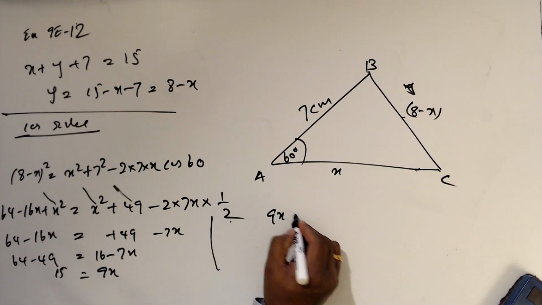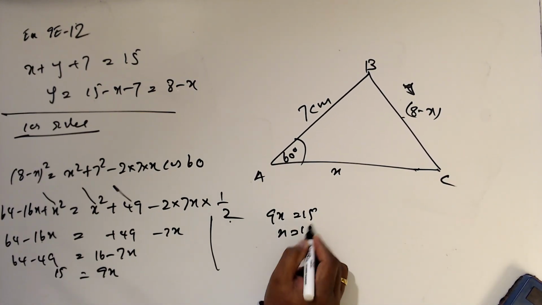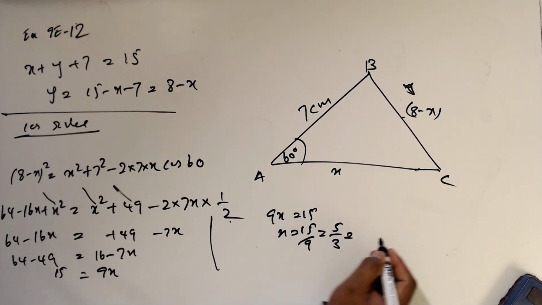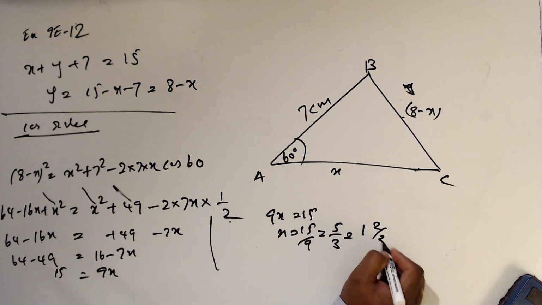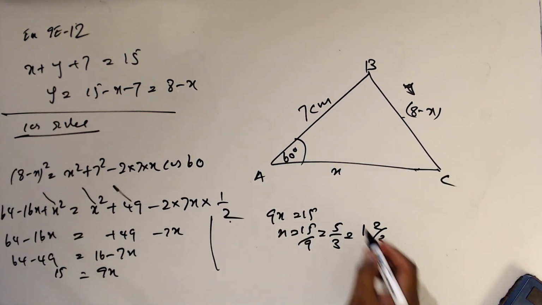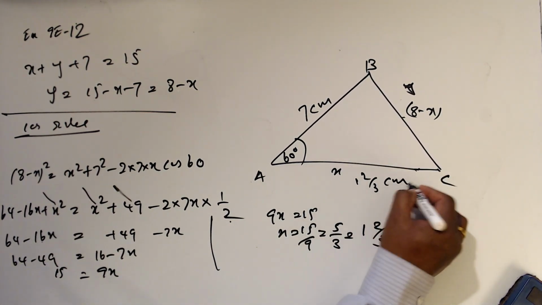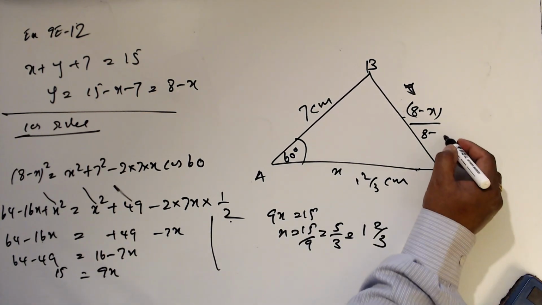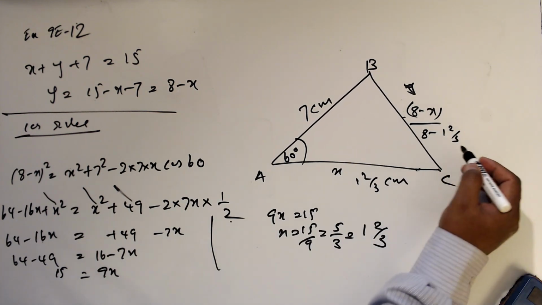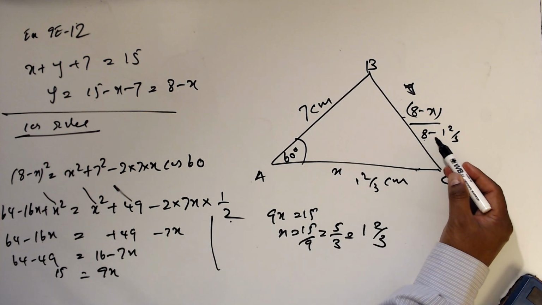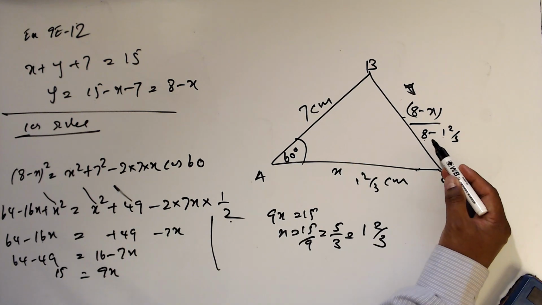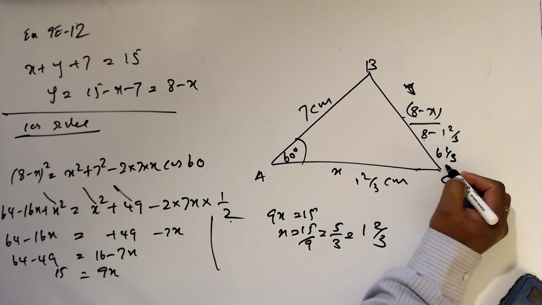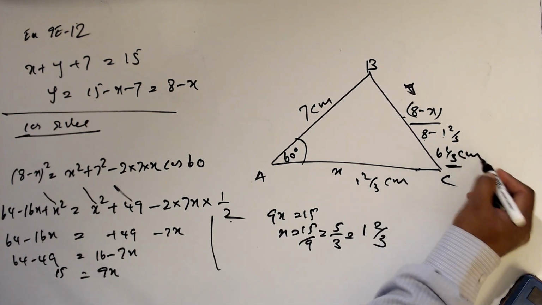So 9x equals 15, x equals 15 over 9, which means 5 over 3, basically 1 and 2 out of 3. So x is 1 and 2 out of 3 centimeter. Then this is going to be 8 minus 1 and 2 out of 3. So this is going to be 8 minus 1, 7, and 6 and 1 out of 3, 6 and 1 out of 3 centimeter.